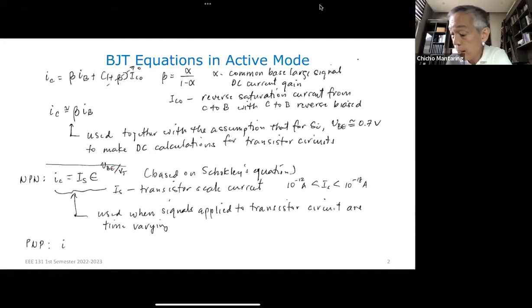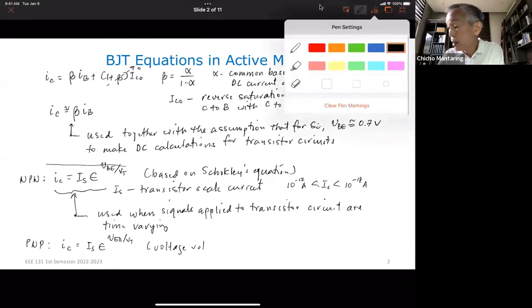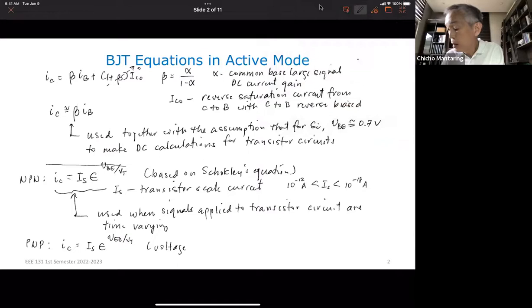So you're going to get IC is now equal to I sub S e to the VEB over V sub T. The voltage subscripts are reversed.